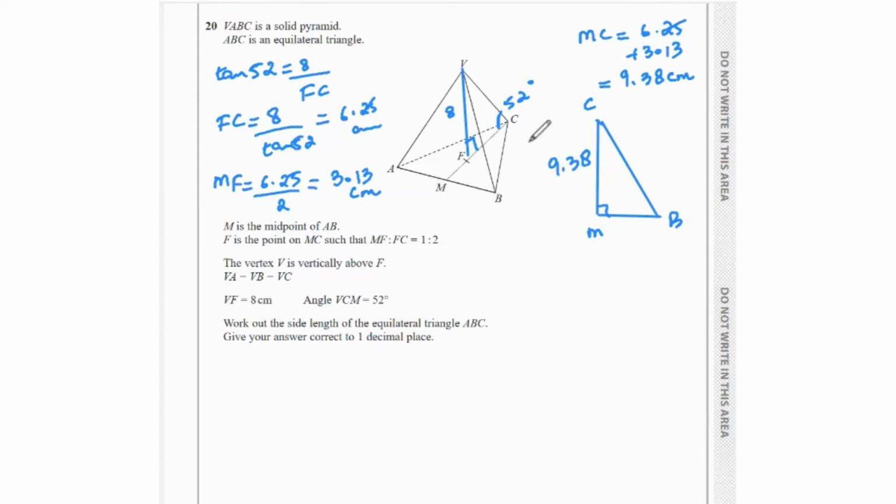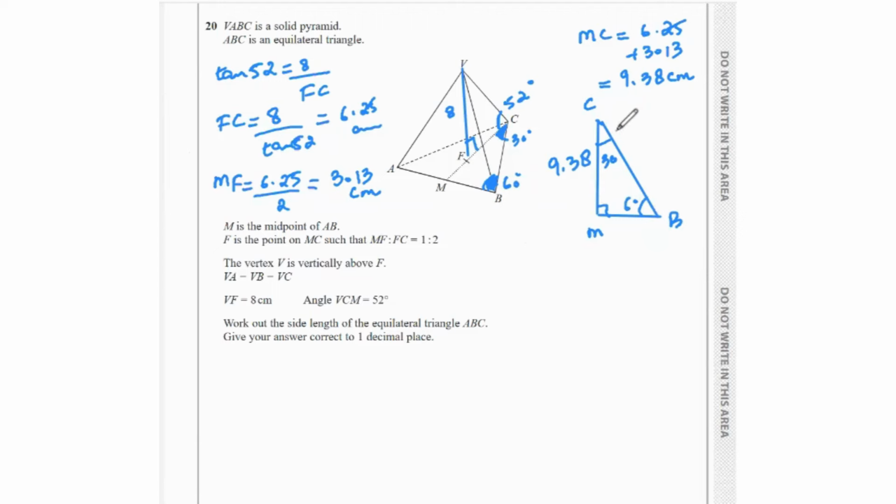We also know it's an equilateral triangle ABC. So that means this angle over here is 30 and this is 60. So you can clearly use SOHCAHTOA to find CB directly, or you can even find MB and multiply that by 2 to find AB. Either way, you're going to get the right answer.